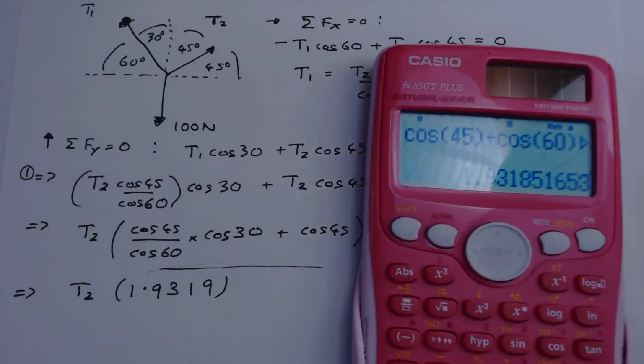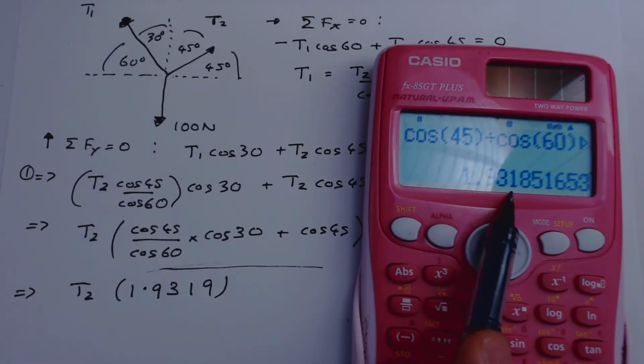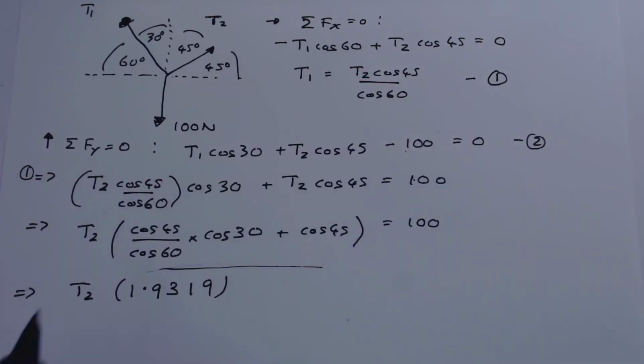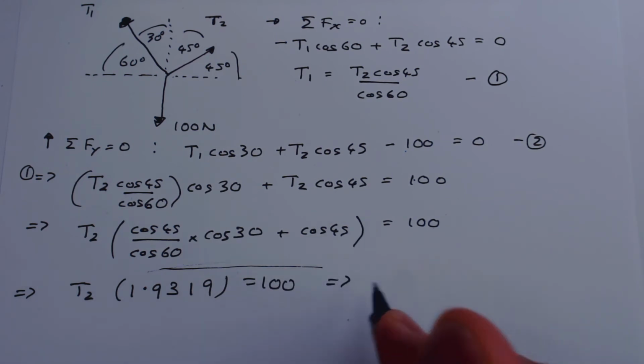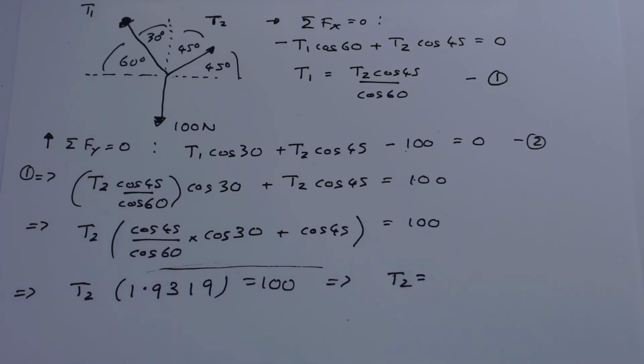Okay, so 1.931, the 8 I'm going to round up to be a 9, equals 100. Therefore T2 equals 100 divided by that number.